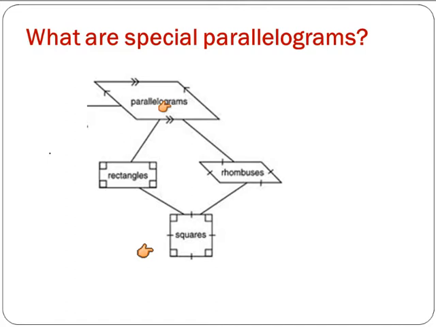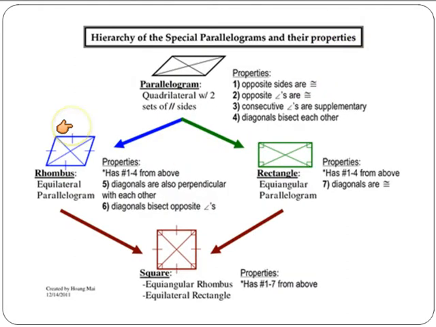They're going to have the same characteristics and properties of parallelograms, and then some more specifics. And here we go. This slide is really great because it shows all the specifics about the special types of parallelograms, the rectangles, rhombuses, and squares.